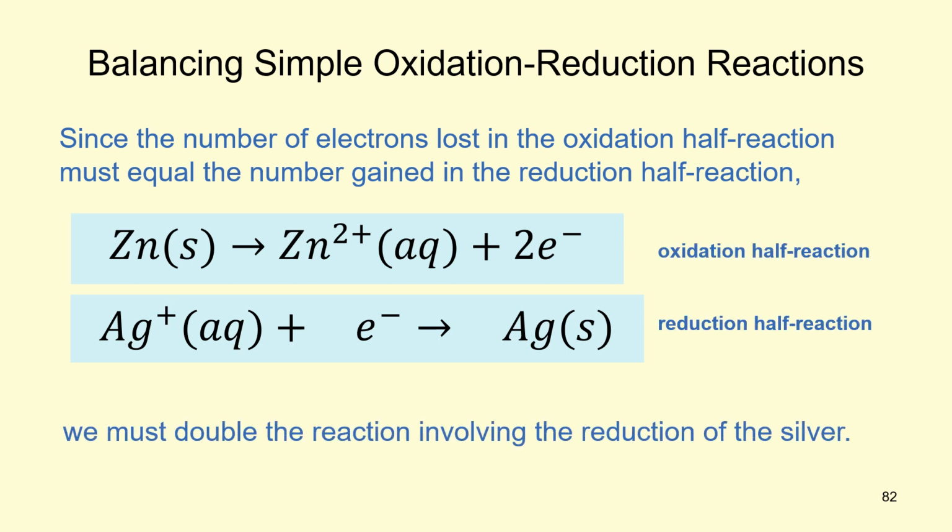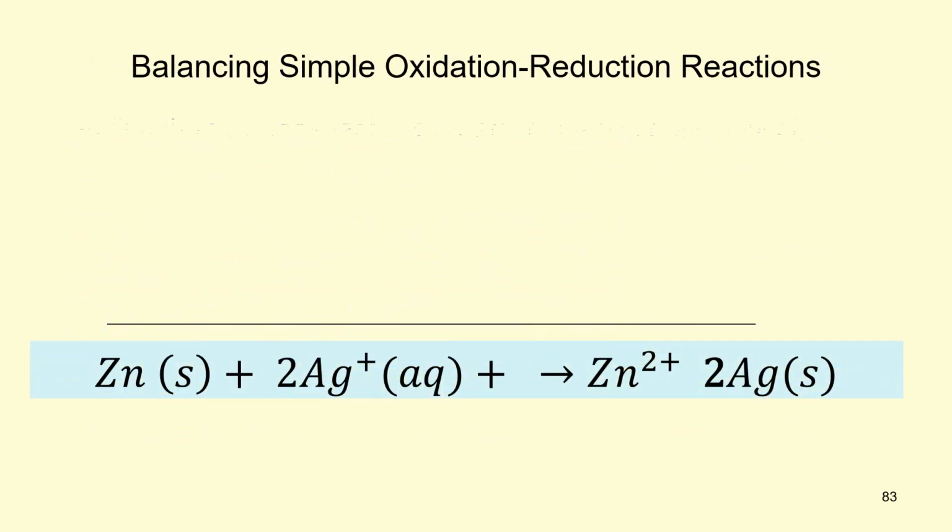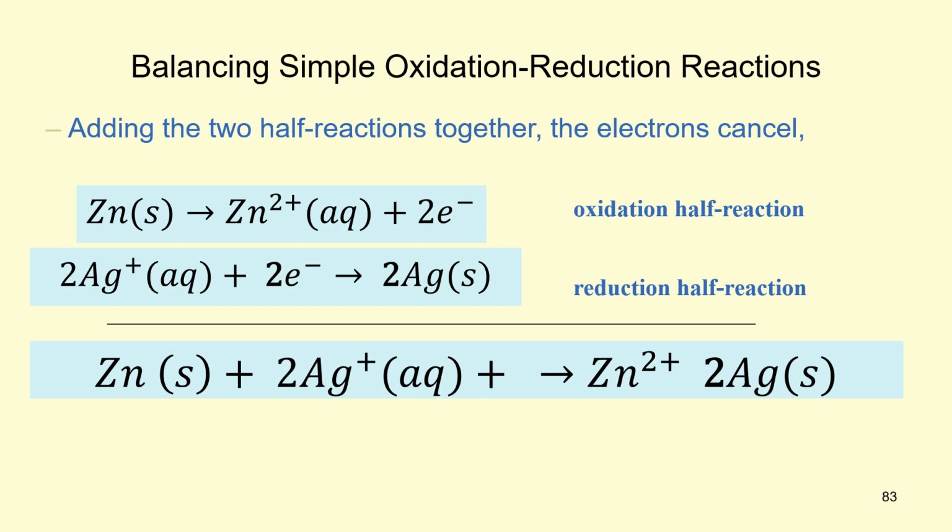Okay, so in this case, what we have to do is double this equation. If we double it, the 2 electrons will cancel, which means we have to double the silver 0 and the silver ion. So when we add them back together, you can see that this time the 2 electrons cancel, and now we have both the mass balance, a zinc on either side, 2 silvers on either side, and then a charge balance because you've got a +2 on the right and a +2 on the left.